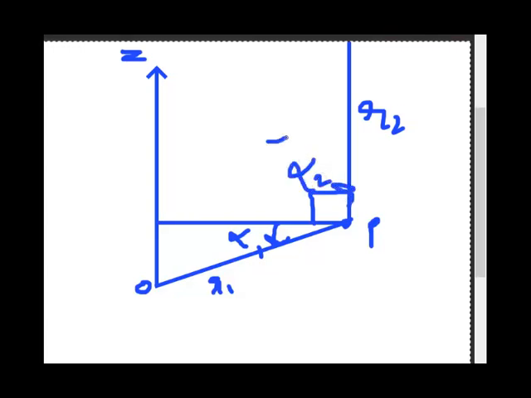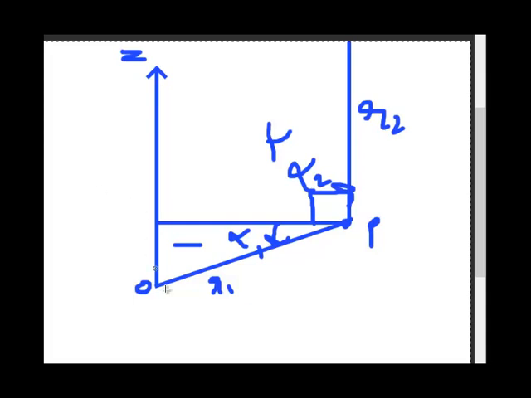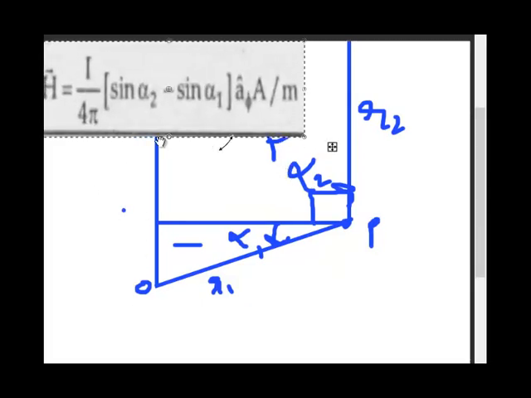So alpha 2 will be positive, alpha 1 will be negative, and the formula that we have to use here is the same formula that we have studied in the previous case for finite filament carrying current, and the formula is this. In this case, we have to put this alpha 2 as positive here, and it will be 90 degree, and sine of 90 is 0.